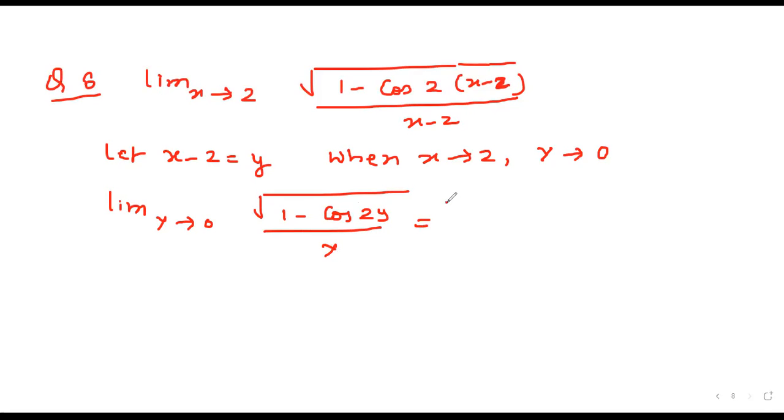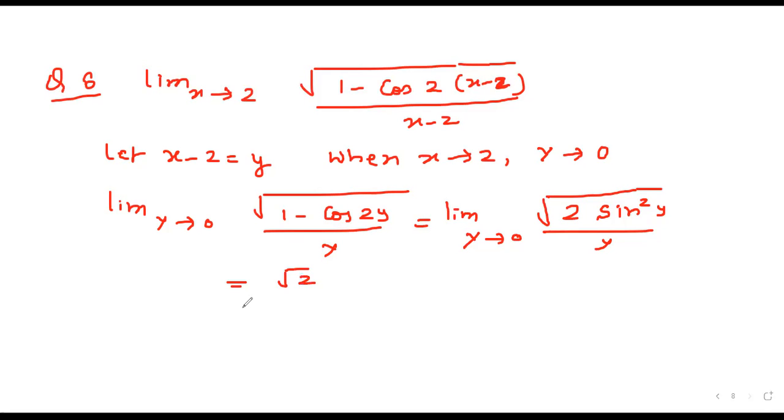So it will become limit y tends to 0, root of 2 sine square y divided by y. Now this will become root 2 times modulus sine y divided by y. Now two cases arise.